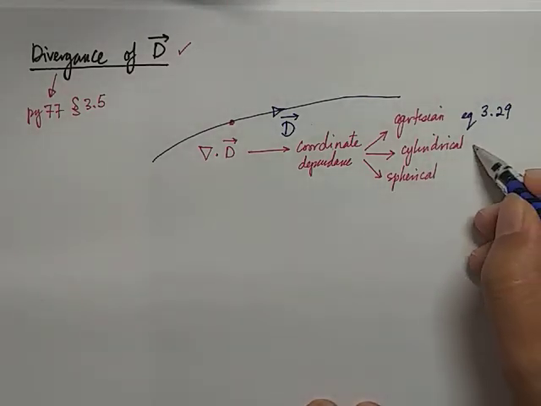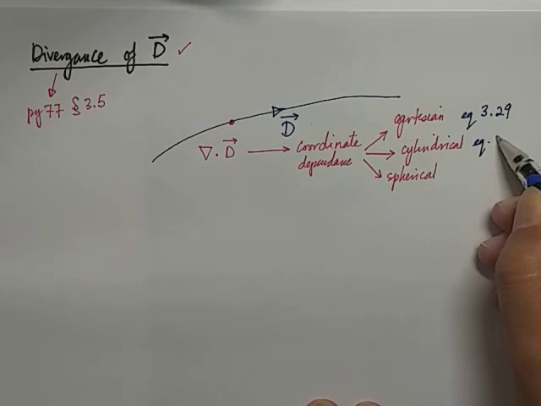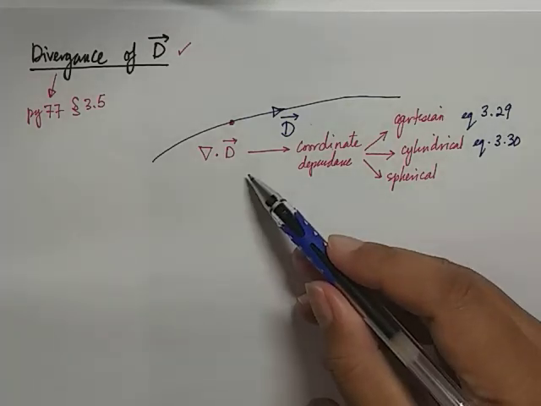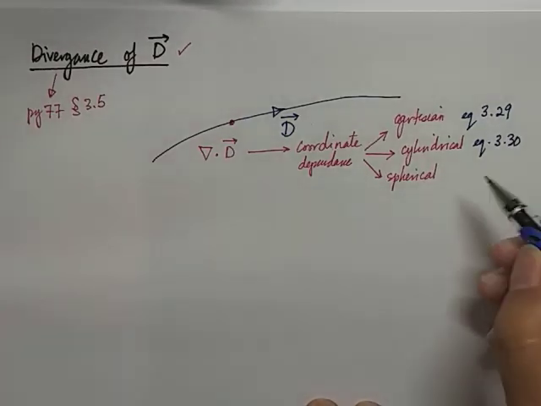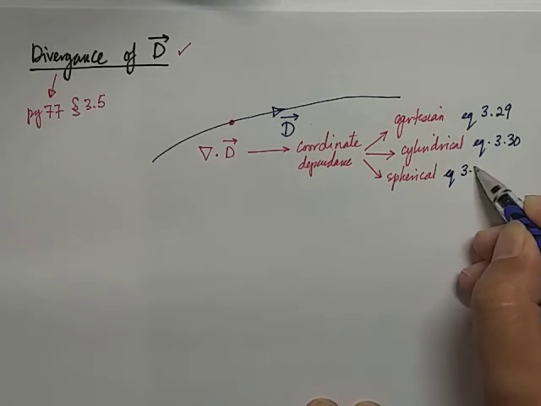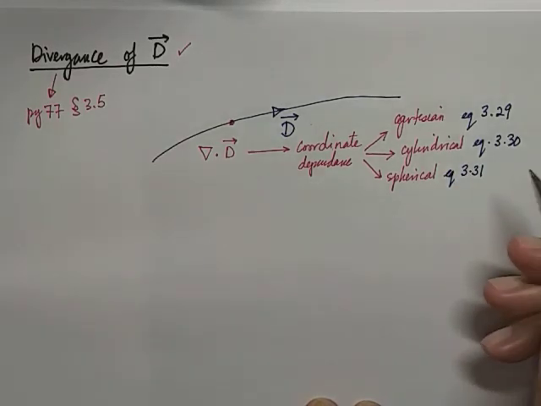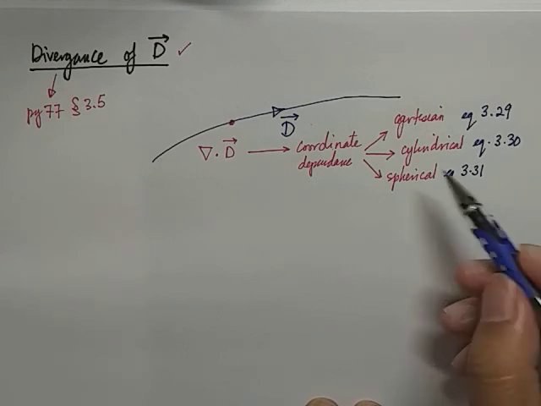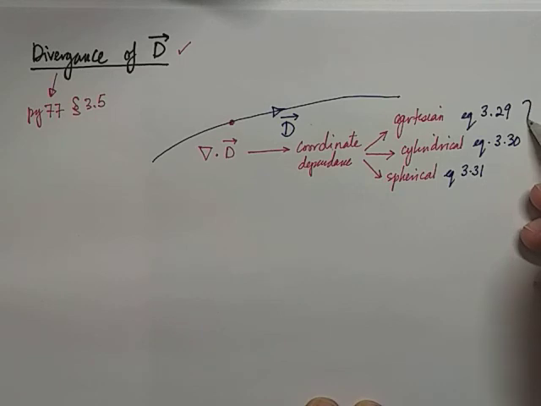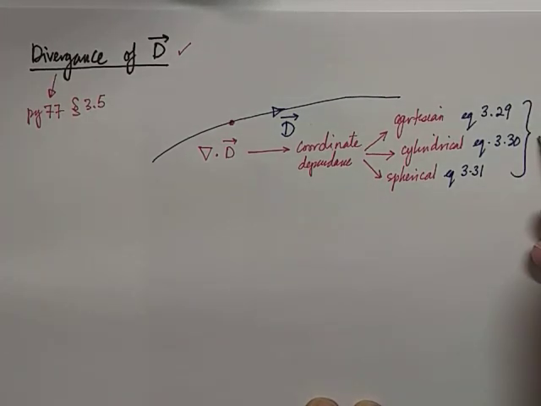If I'm referring to equation 3.30, that will be the divergence model based on cylindrical. And finally, equation 3.31 is the equation of the divergence model based on spherical. All these three equations you can refer to in our textbook on page 79.